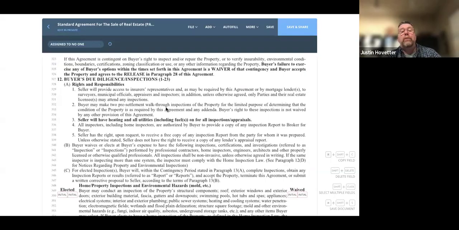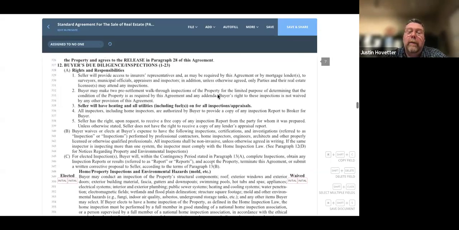The buyer may make 2 pre-settlement walkthrough inspections of the property. Let's be specific here: for the limited purpose of determining that the condition of the property is as required by this agreement and by any addenda. The buyer's right to these inspections is not waived by any other provisions of this agreement.